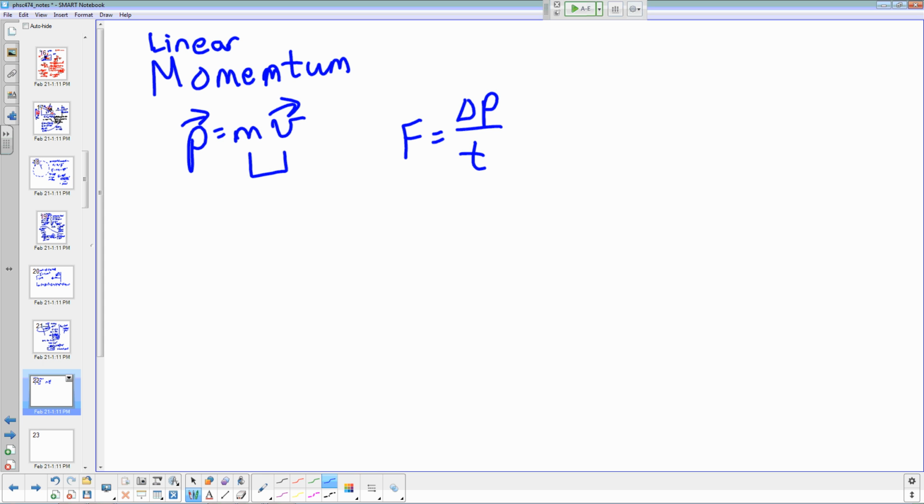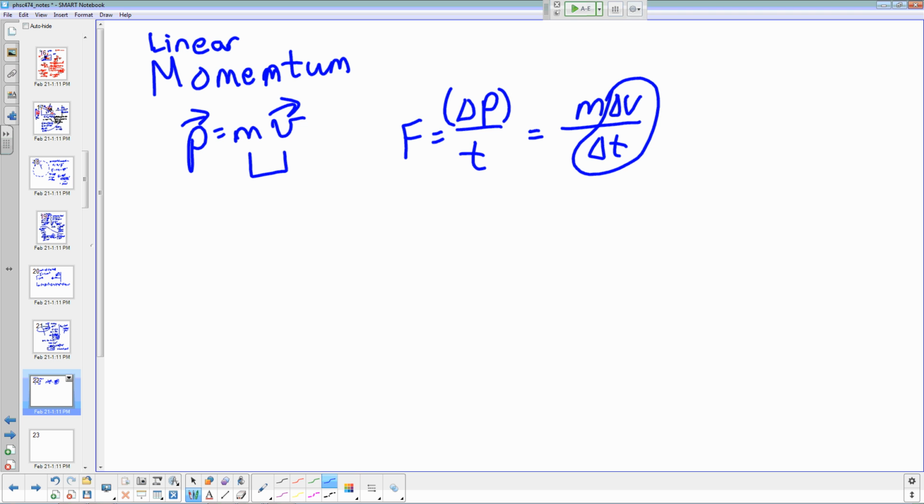So really, we don't get to Newton's second law until we get into momentum, because this is how he posed it. You see how this looks like Newton's second law, maybe? Well, if you write this out, it's equal to mass times the change in velocity over the change in time. But notice, look, this is acceleration. So this is really just a restating of Newton's second law.